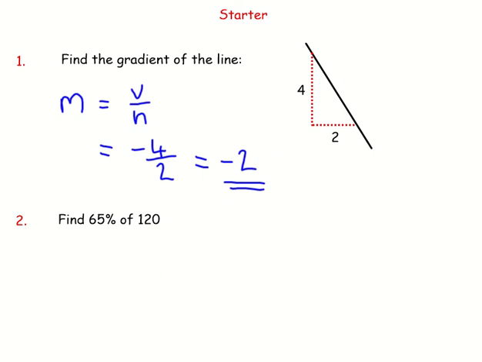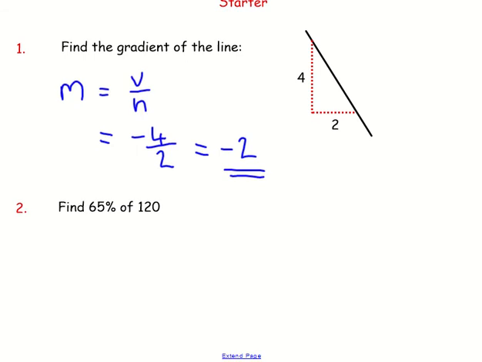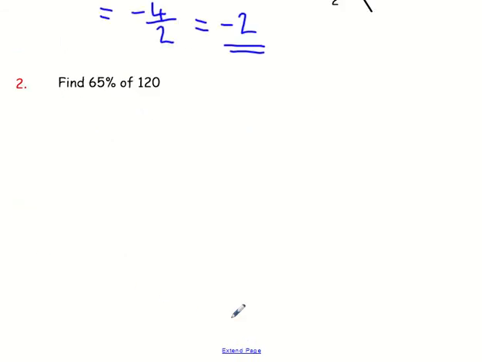Question 2, percentages. We want to find 65% of 120. First thing to do, find 10%. 10% is our original quantity, our 100%, our full amount, divided by 10. So 120 divided by 10 is 12.